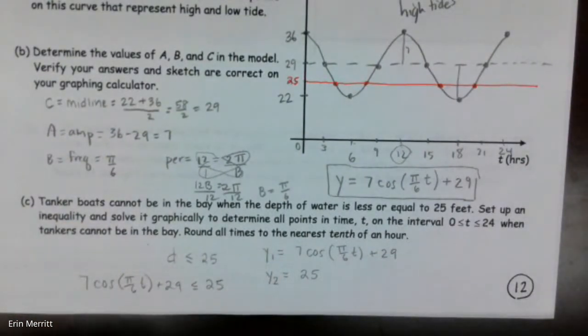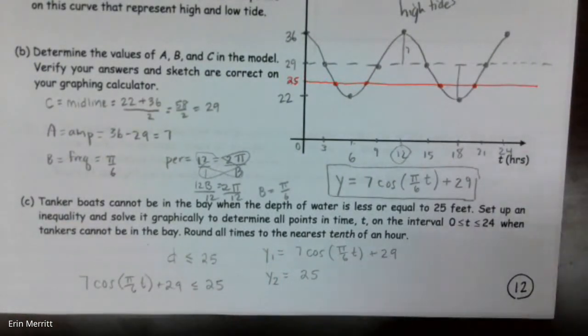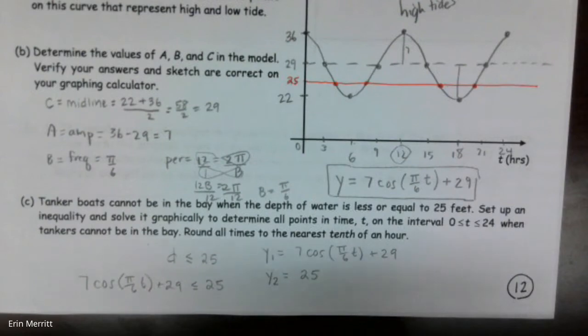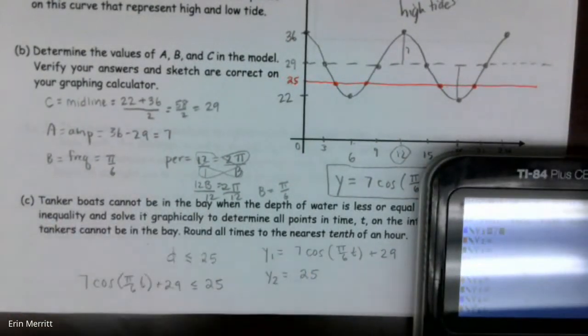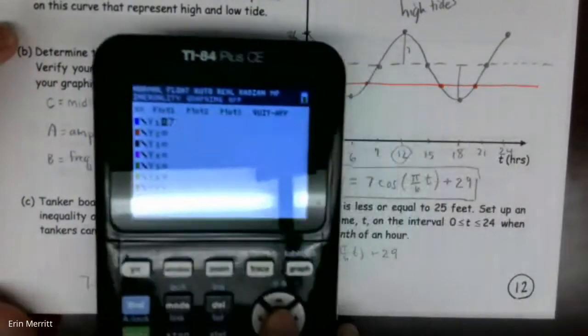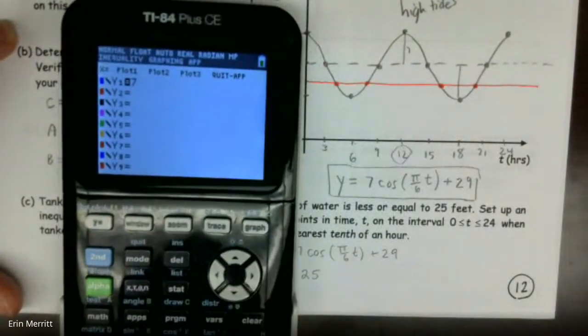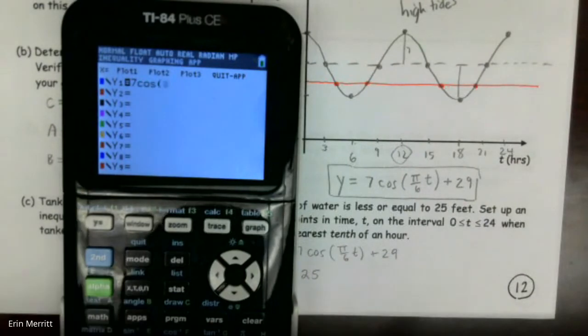All right, so into my y equals, let me get rid of anything that's in there that I don't need. And I'm going to set in there 7. Excuse me, let me slide it so maybe you guys can see it. There we go. So 7 times the cosine of pi over 6 and then t, or x in this case, plus 29.